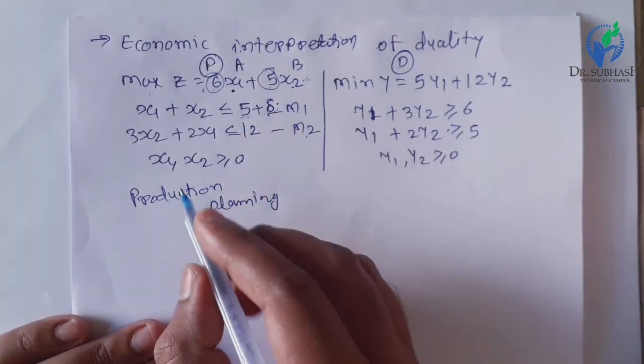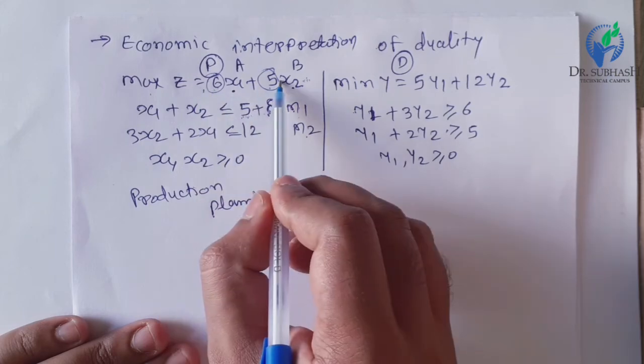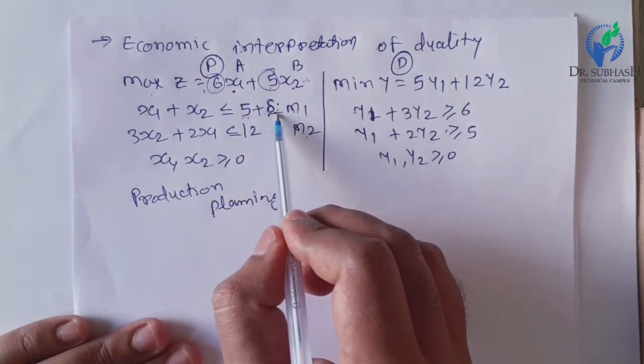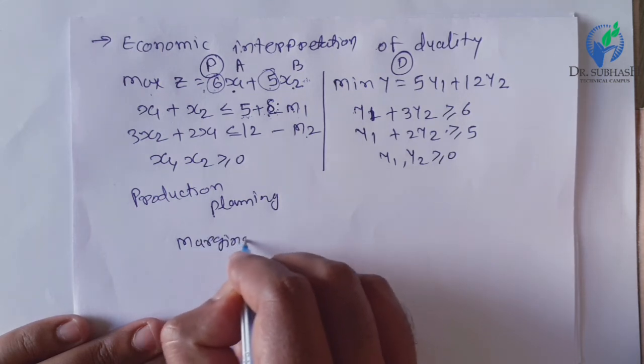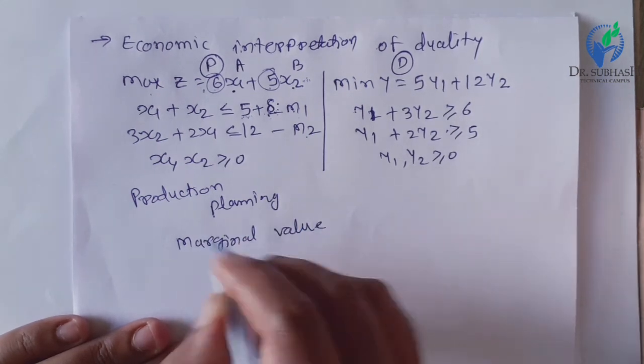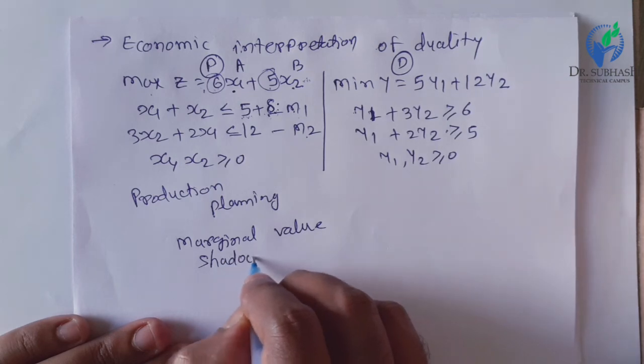So what will be the effect on the objective function by increasing 1 unit of a restriction variable? It is called the marginal value, or it is also called the shadow price.